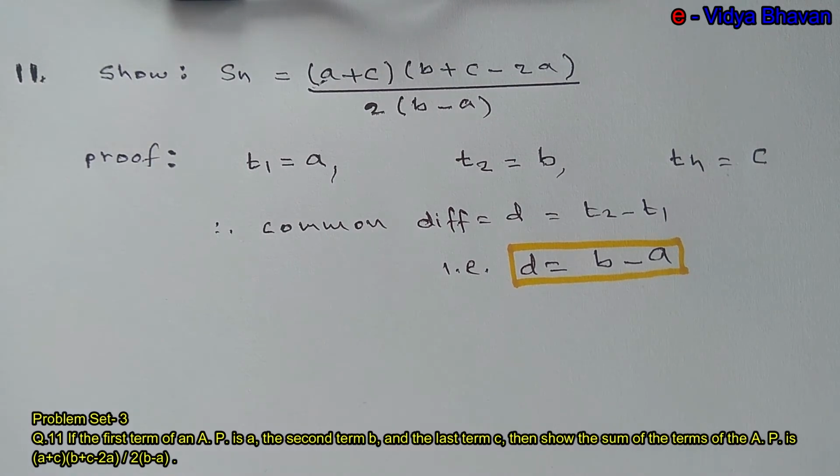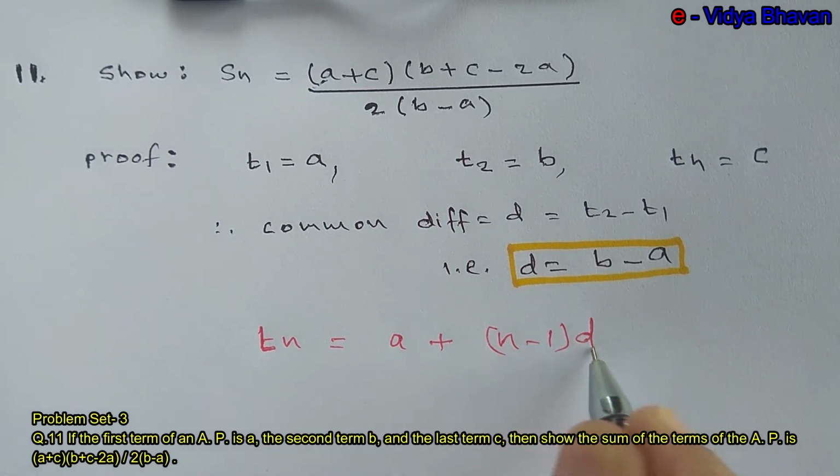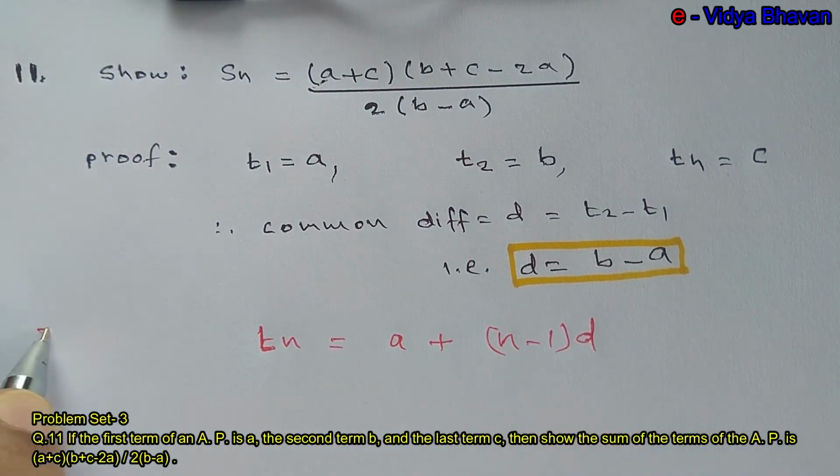Now, further we can go. If the total number of terms is n, we can have a formula for nth term. Let's have a formula for nth term. Tn is equal to A plus (n minus 1)d. This is your formula.